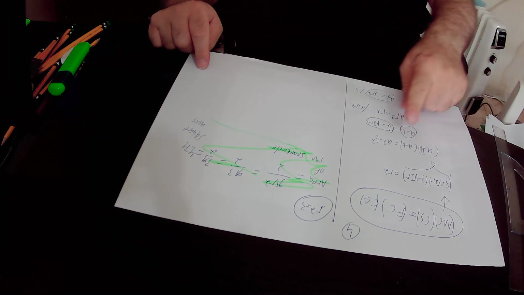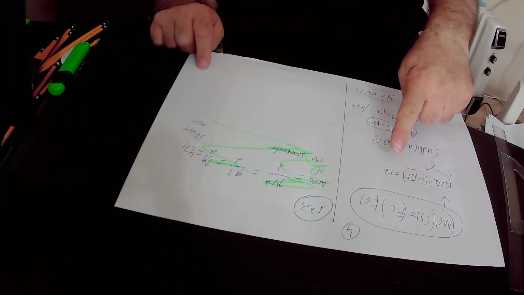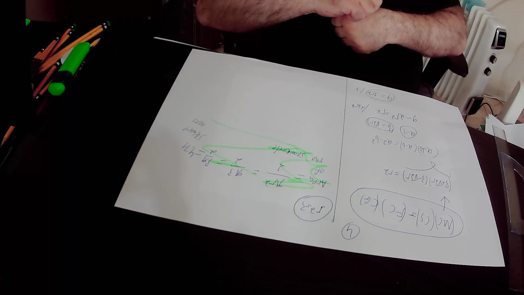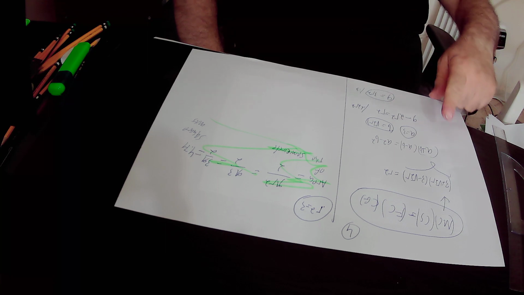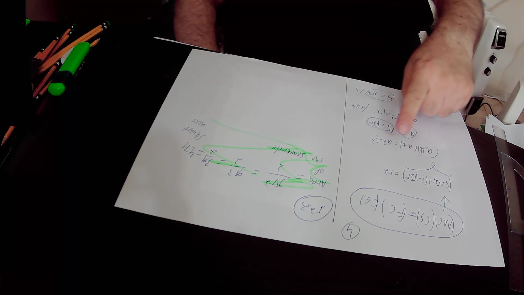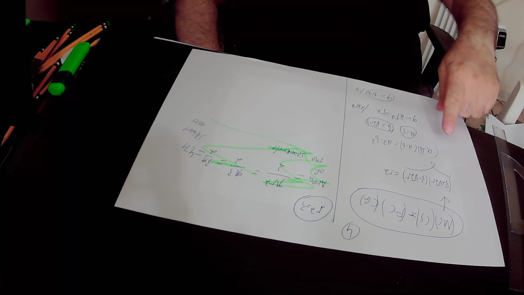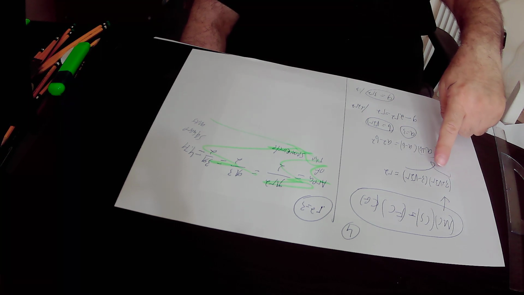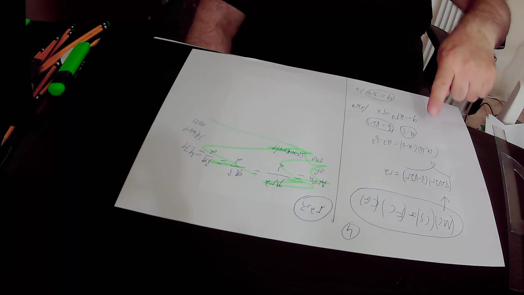So FC times CG is r times r, that is r squared. Okay, so we have this equation: 3 plus square root of 2r times 3 minus square root of 2r equals r squared.